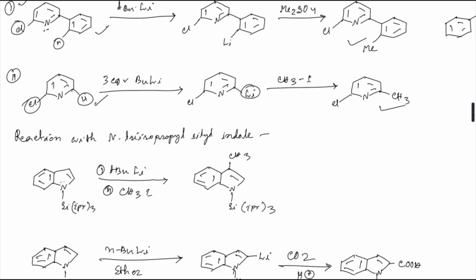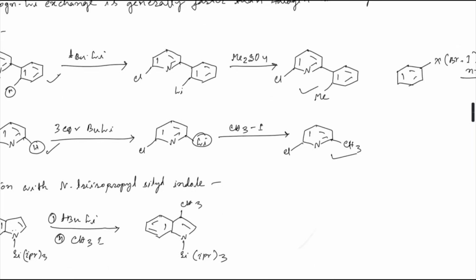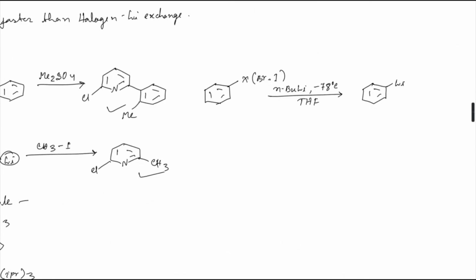Another important thing here is, if we take a benzene with a halogen, generally bromine or iodine, as a substituent, then with alkyl lithium it gives the lithiated, halogen-exchanged product.